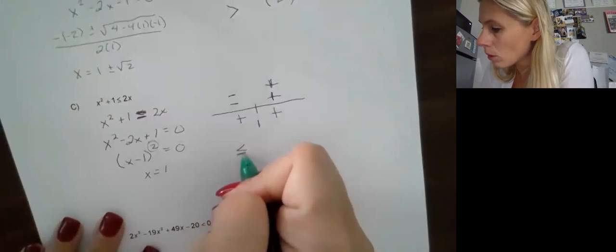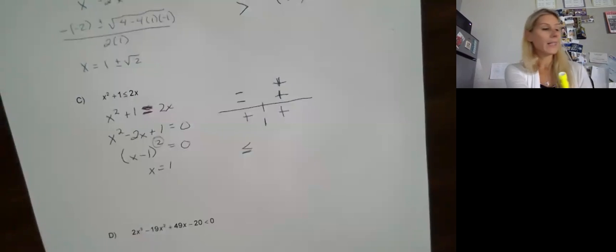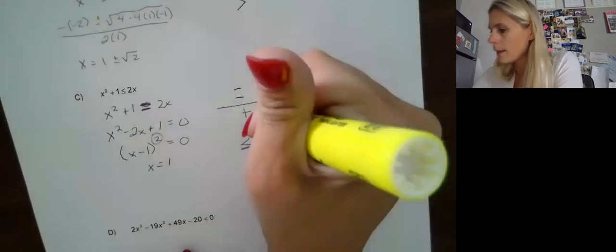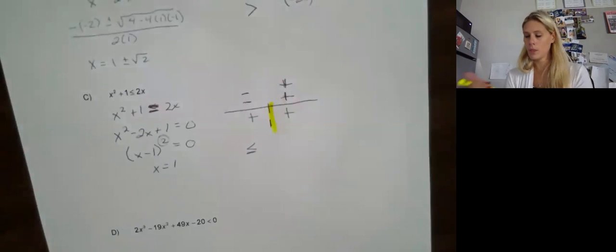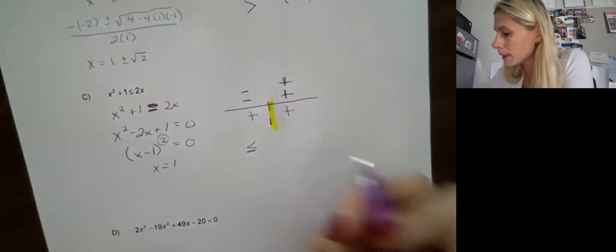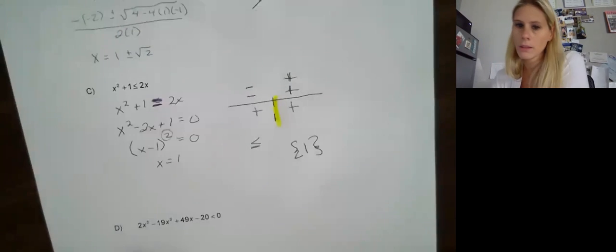It says less than or equal to. Well, as you can see, there is no less than, but what do you see? There is an equal to. So we have to do the value of 1. The way to represent that is to do your brackets because it's only one value. Okay?